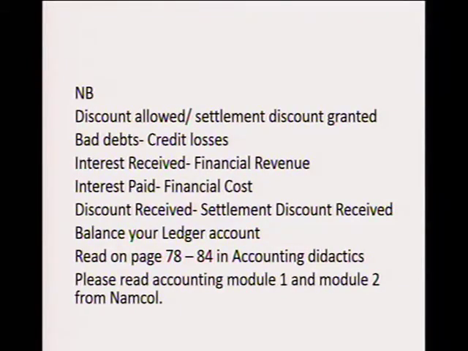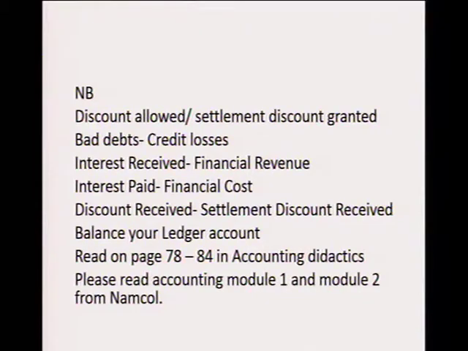Just taking you through some of the account names that were used in the past and have since been renamed. It's very important for you to know, because they will either write discount allowed or settlement discount granted. It's the same thing. In some cases they will use bad debts, or they'll call it credit losses. In some cases they'll use interest received or financial revenue.